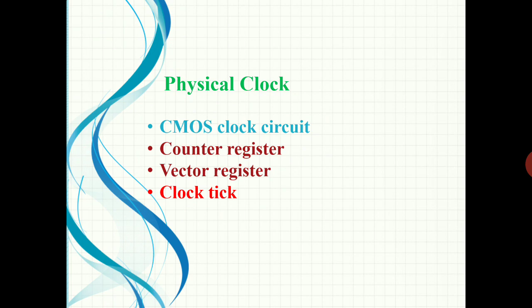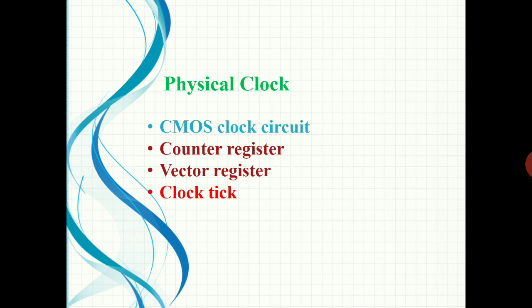When the value reaches 0, the system will generate an interrupt that is called a clock tick. In our system we generally take 60 seconds as 1 minute. So to count 1 minute, we store 60 as the value in the holding register and copy it to the counter.